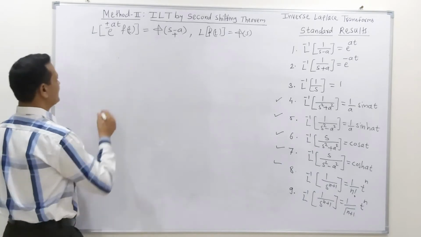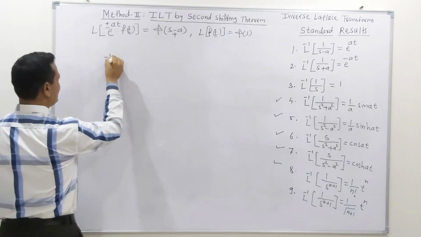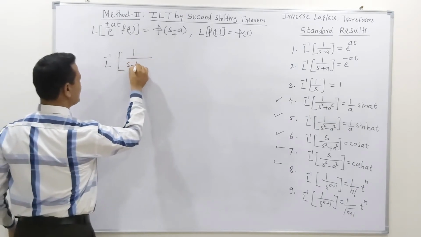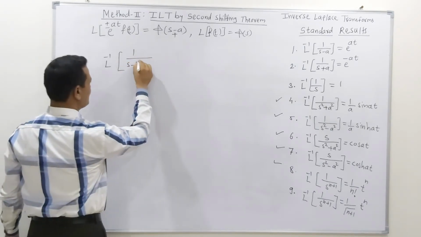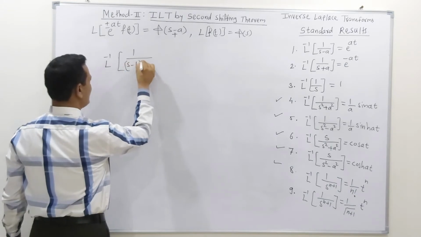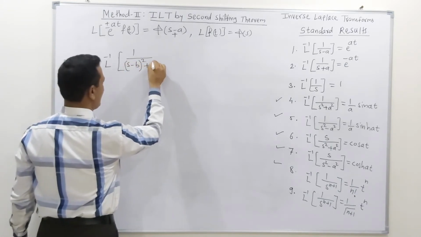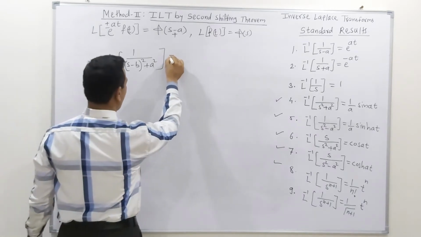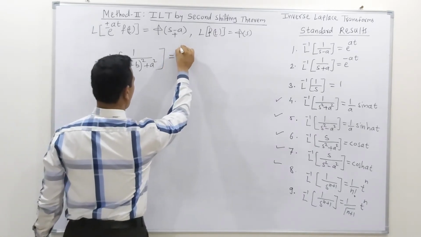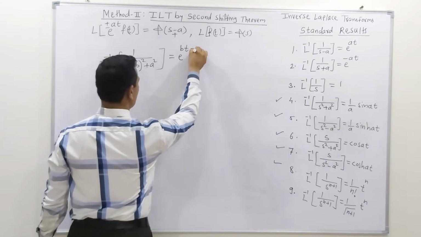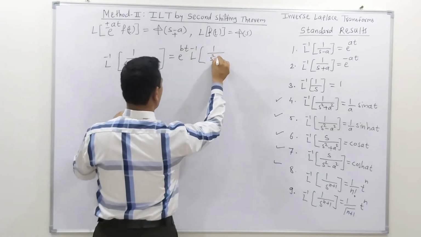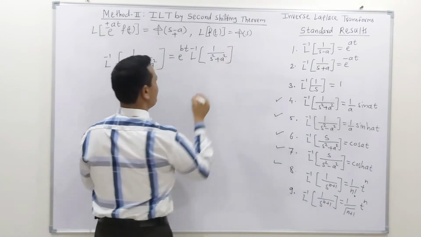So how do we apply the shifting theorem? For example, the inverse Laplace transformation of 1 upon s minus b whole square plus a square. We can write this as e raised to bt into the inverse Laplace transformation of 1 upon s square plus a square.